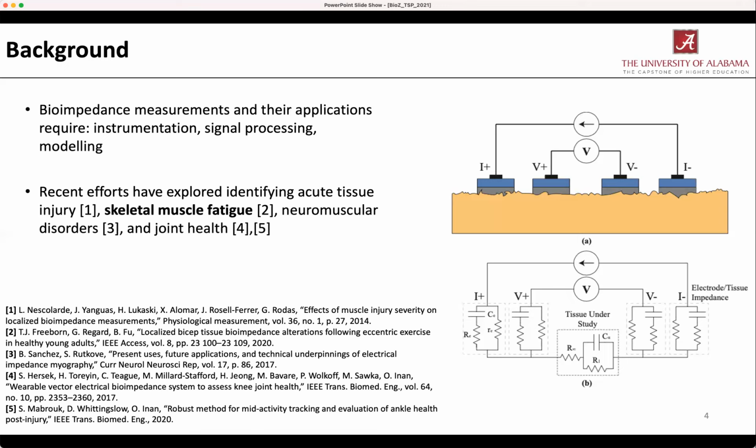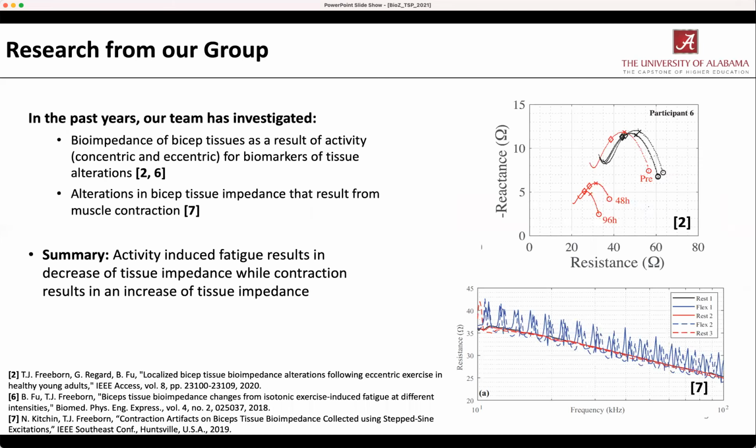Okay, so that paints some background of why we're interested and what we should care about exploring, but where does our work come in? In the past few years, our team has investigated skeletal muscle fatigue, changes due to activity, implications of activity on those measurements, and the processing behind how you can clean data and ensure that you have high quality data for analysis.